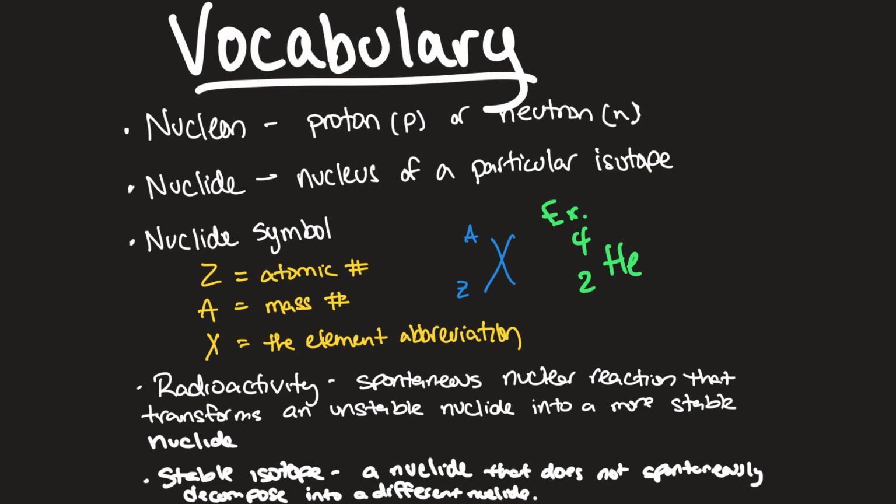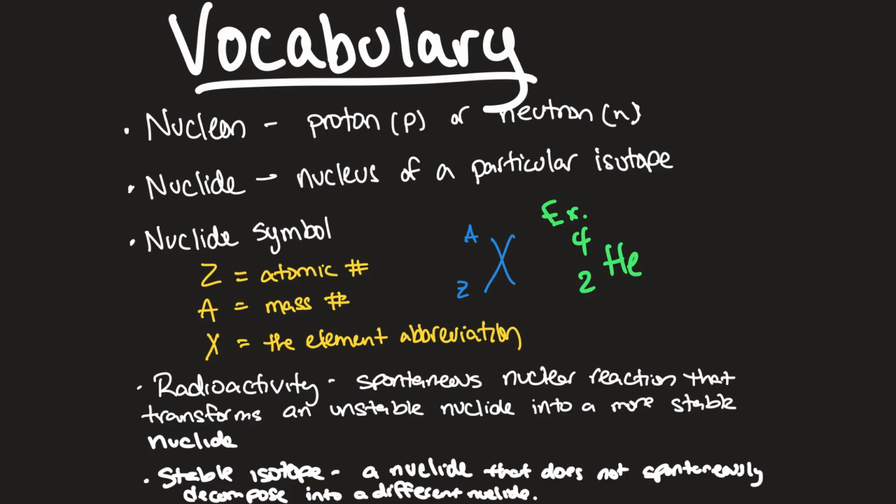Now, radioactivity, in chemistry and not in Marvel movies, right? Radioactivity is the spontaneous nuclear reaction that transforms an unstable nuclide into a more stable nuclide. Now, a stable isotope is a nuclide that does not spontaneously decompose into a different nuclide.